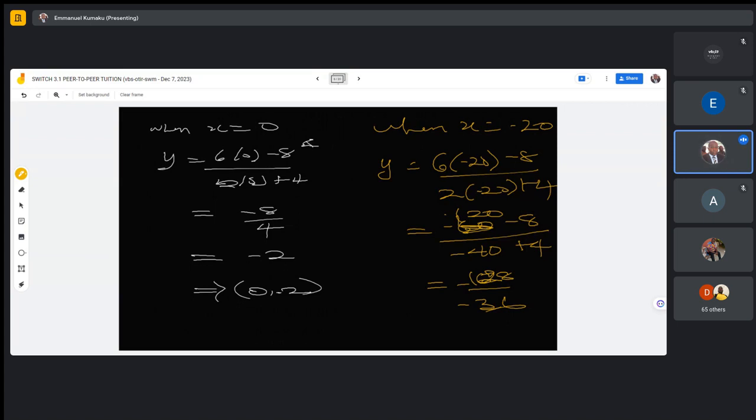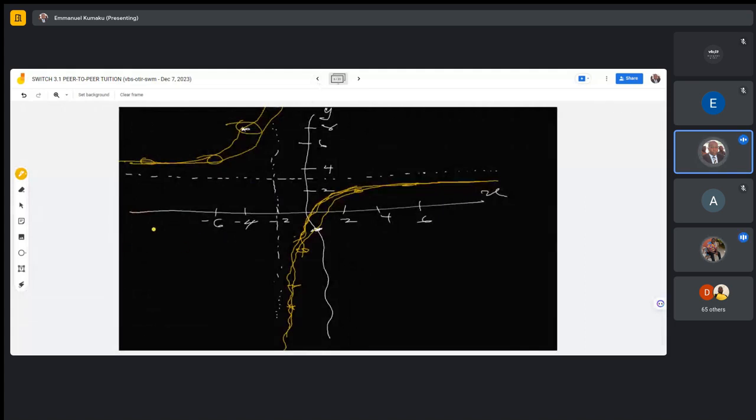Let's divide: -128 divided by -36. We get positive 3.55555. It's above 3. So any value you pick will get closer to 3, but you will not get exactly 3, and it will not fall below 3. That's why we said the graph cannot be at this side. So this side is ruled out.